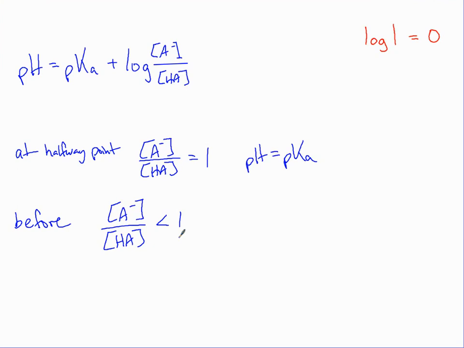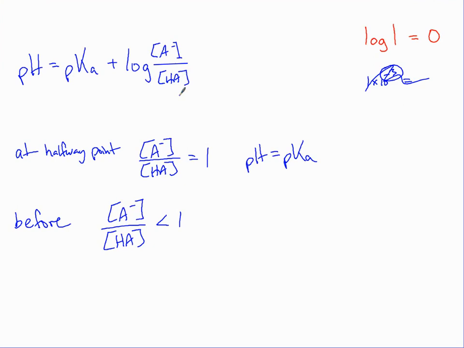Because really what you're looking at with a log is the value of the exponent. And so this is a fraction, it would have a negative exponent. So what you have is, this is going to be a negative number. So which one's bigger, the pH or the pKa?